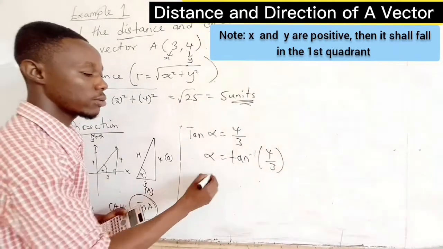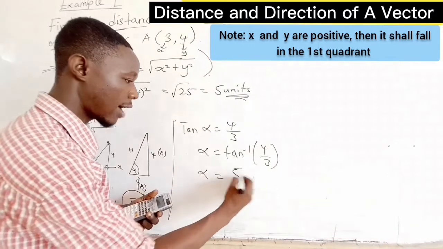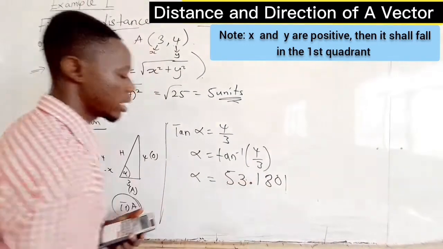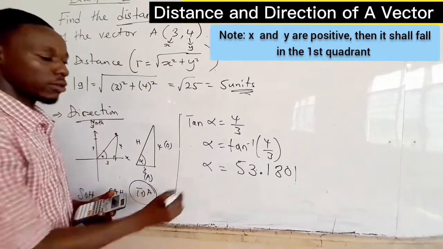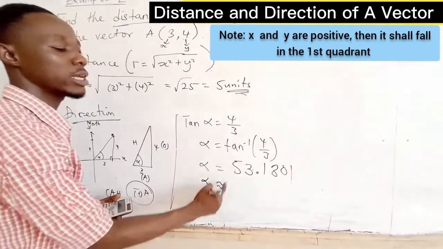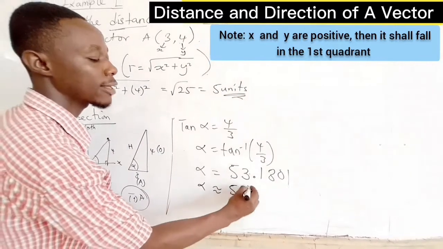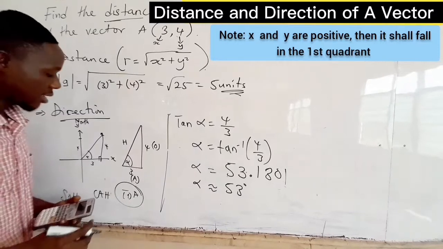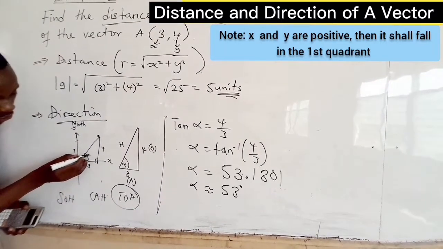When we run this one, we get 53.13010. Let's run this one to the nearest whole number. We have 53. But note, this is not our final answer. It is the angle which is here, which is 53.